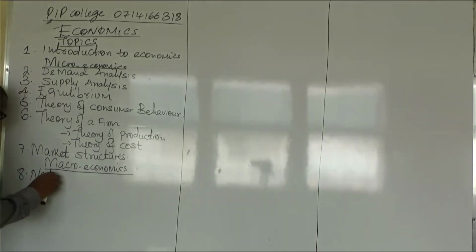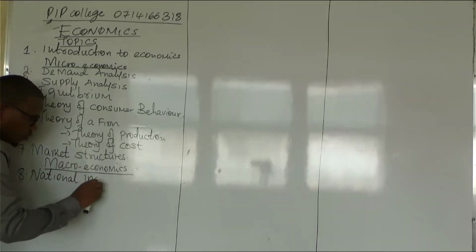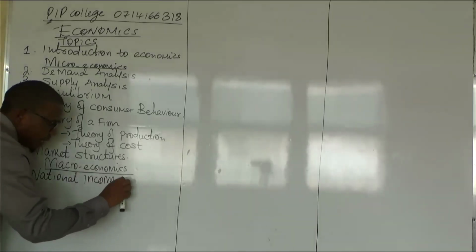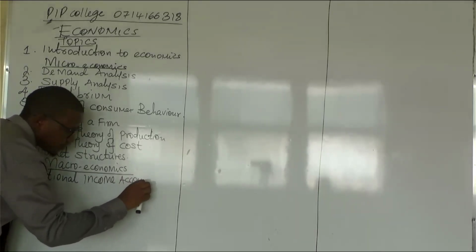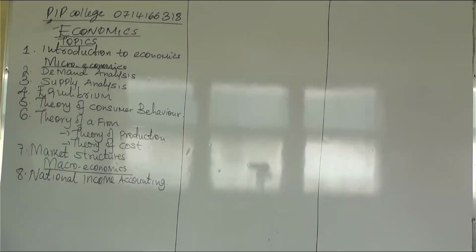So it will give us the topic number 8 that we'll be able to talk about, which is the national income accounting. How we compute the GDP, the gross domestic product.